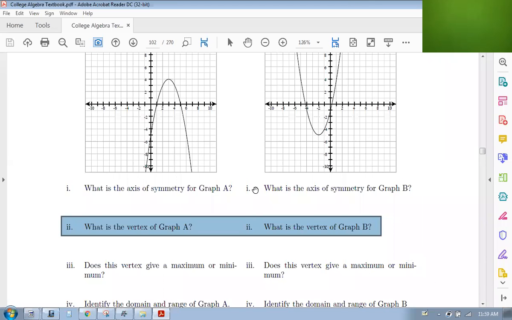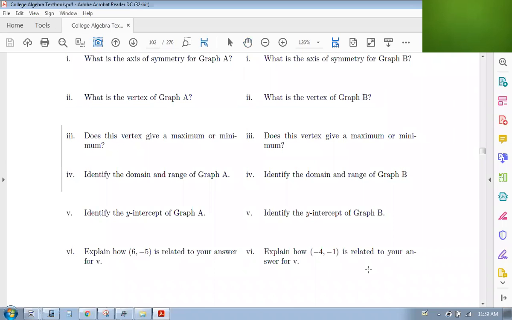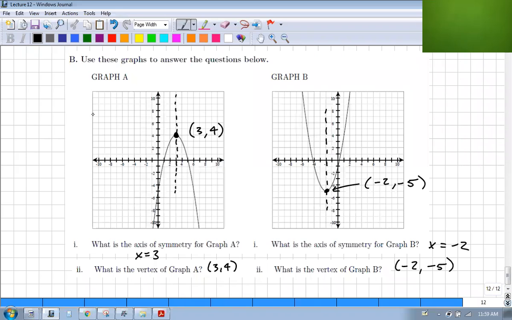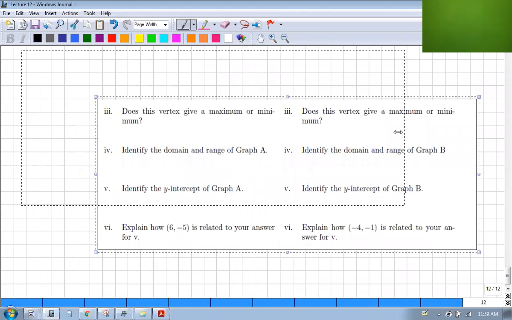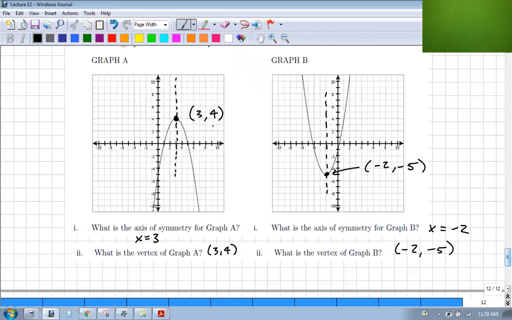All right. Is there a maximum or a minimum? This guy on the left, the maximum is 4.